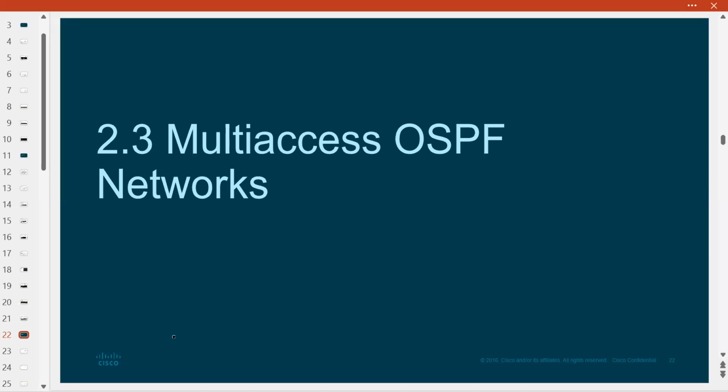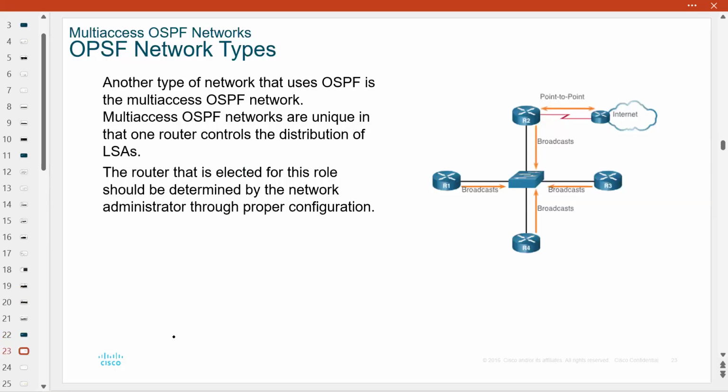Multi-access OSPF networks. Voila, there we have an OSPF network. In a multi-access network, we have broadcasts. In a point-to-point network, we do not have broadcasts. There is communication between two routers.